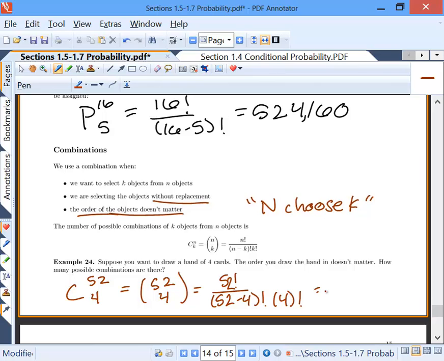Put it in your calculator. 270,725. So in a game where you just draw 4 cards and put them in your hand, there are 270,000 combinations of cards that you could have chosen.